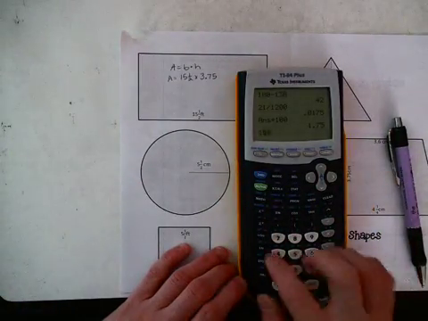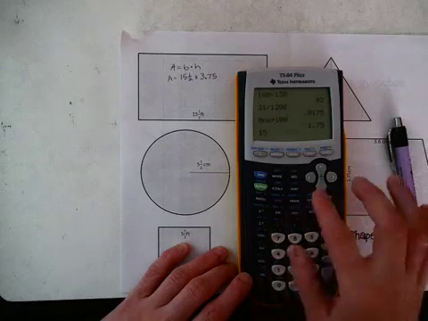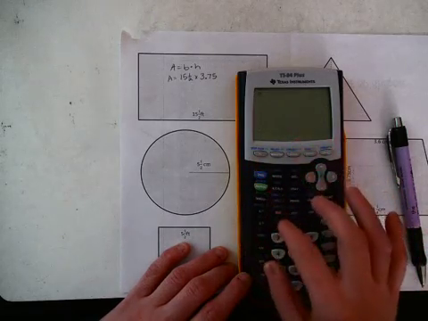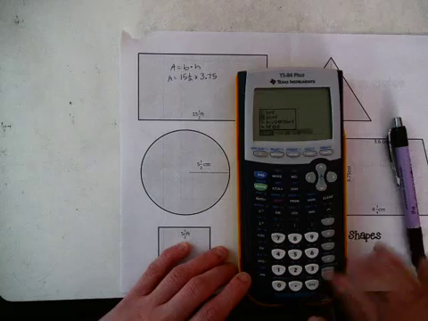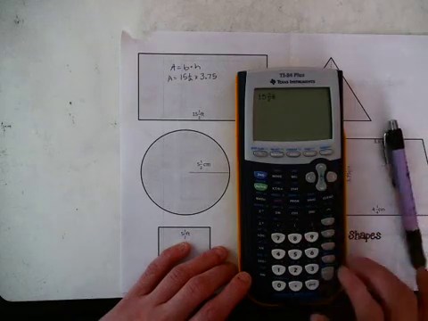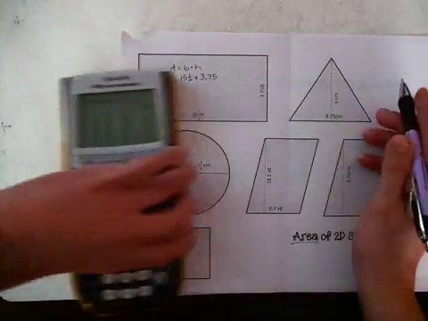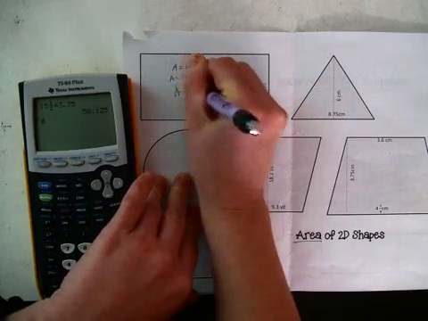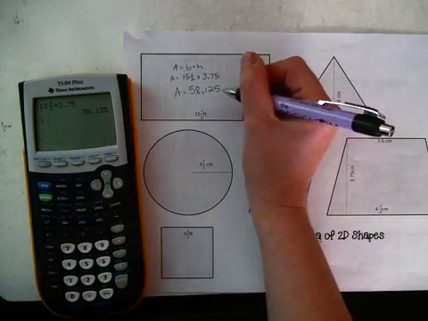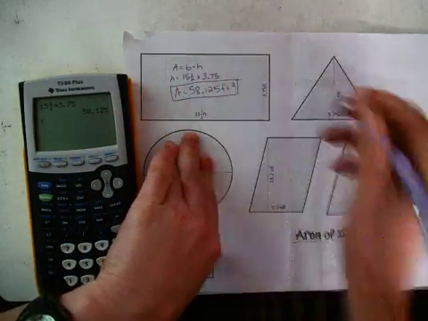So my answer is A equals 58.125 feet squared. Alright, that one's done.